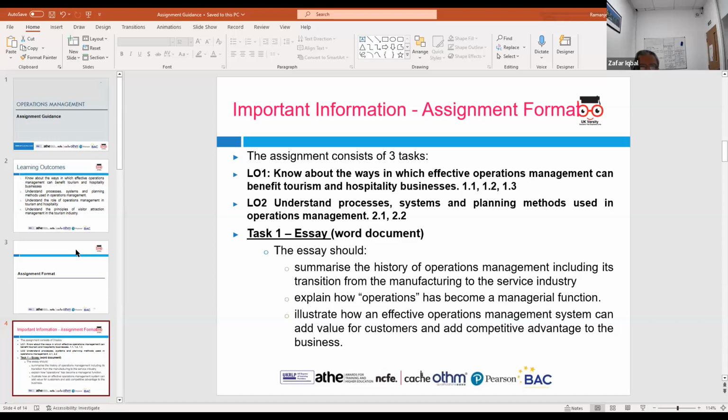The learning outcome is the general, overall topic, and the assessment criteria is what you must answer, tackle, and deal with in order to cover the whole learning outcome. Are you familiar with the assessment criteria? Yeah. Okay, you must answer those assessment criteria, and if you miss out one, that will not be answering the question, and you have to rewrite it because it doesn't satisfy that particular criteria. So you need to do it again.